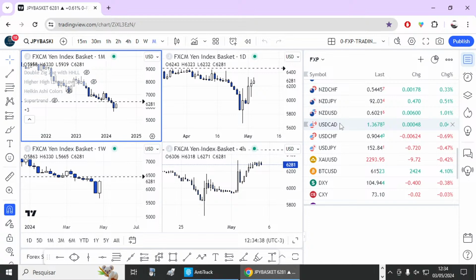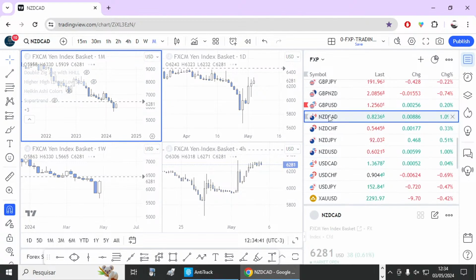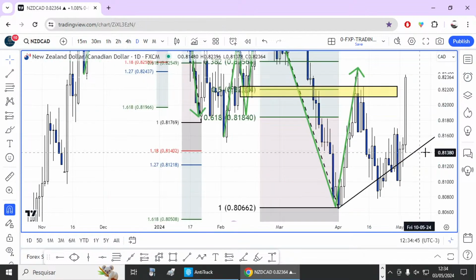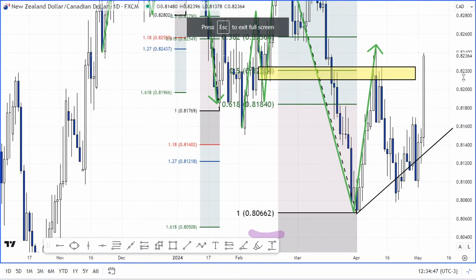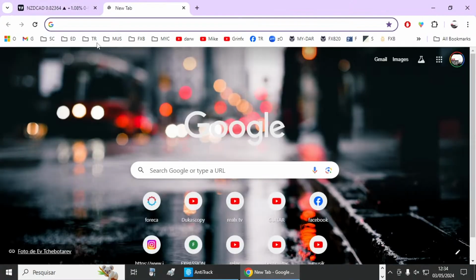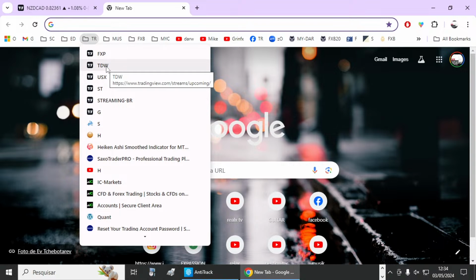So NZD CAD, right? We talked about NZD CAD daily chart. NZD CAD daily chart would be the... and not this one, trading. Right.